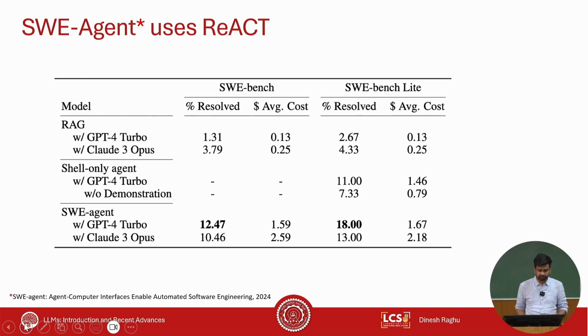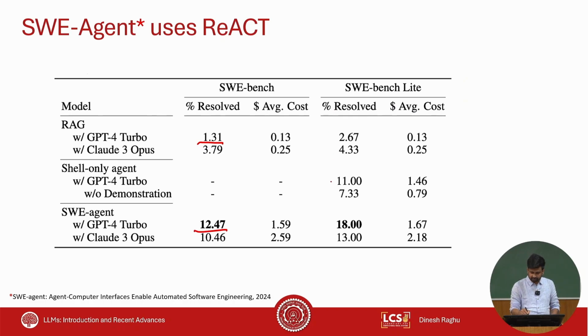So the RAG setup is one approach where you just retrieve relevant code snippets and provide them as input, and you see the percentage of issues resolved is only 1.31. But at that point in time, when they used this particular action setup and React, they were able to achieve 12.47 using the SWE agent setup.